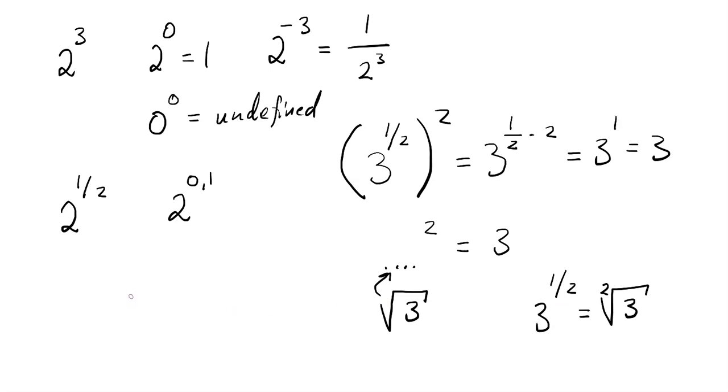In a similar way, we could extend this to, for example, 3 raised to the power of a fourth. What should that mean? Then you will see that to make the rules consistent, we have to define this as the fourth root of 3. So if we want to define powers with non-integer exponents, then we need to define it as we have seen so far.